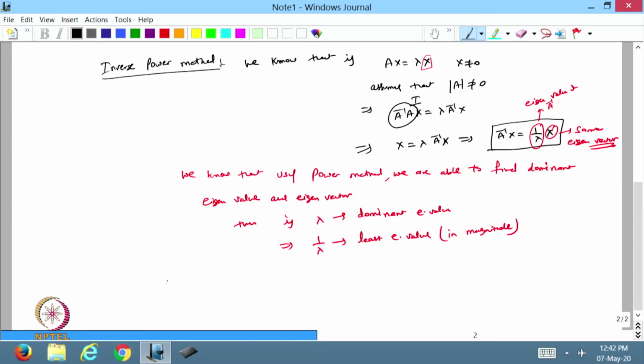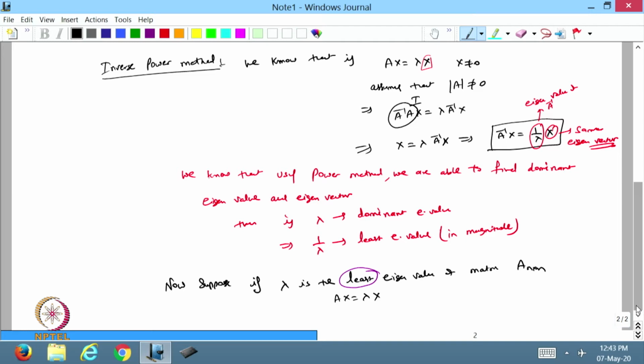Now suppose lambda is the smallest or the least eigenvalue of matrix A, which is n cross n, that is, A x is equal to lambda x. Now I am considering that this is the least or minimum eigenvalue in magnitude.